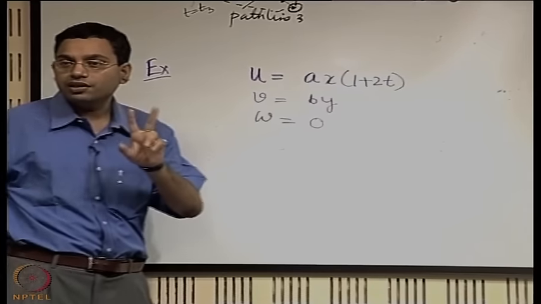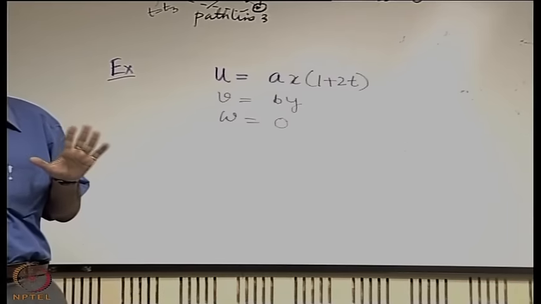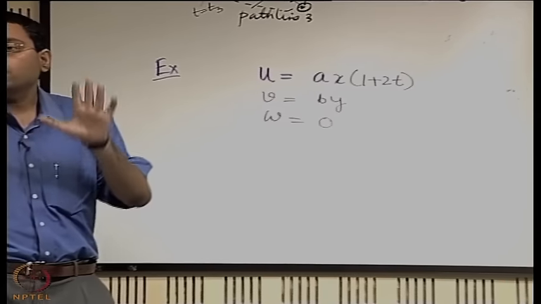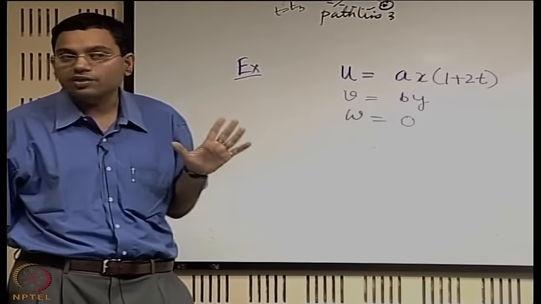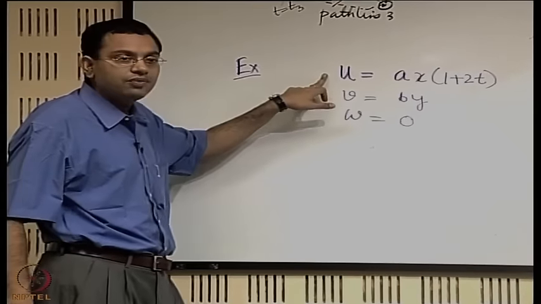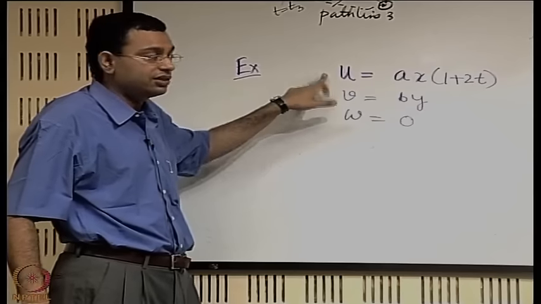So it is a 2 dimensional field. Usually whenever you have a velocity field we call it 1 dimensional, 2 dimensional or 3 dimensional depending on the number of independent velocity components that you are having. So if you are having 2 independent velocity components, it is a 2 dimensional velocity field.